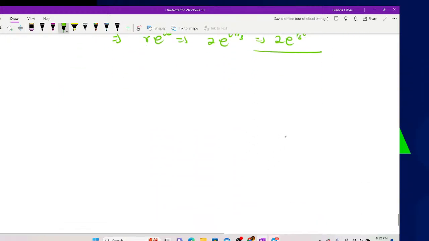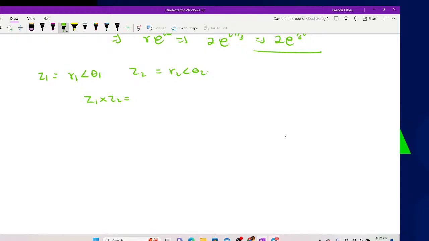So if you have two complex numbers which are in the polar form, let's say z1 equals r1 angle theta 1, z2 equals r2 angle theta 2, if you want to multiply these two as z1 times z2, we simply get r1 r2 angle theta 1 plus theta 2. This is the first identity of the polar representation which I want to show you.